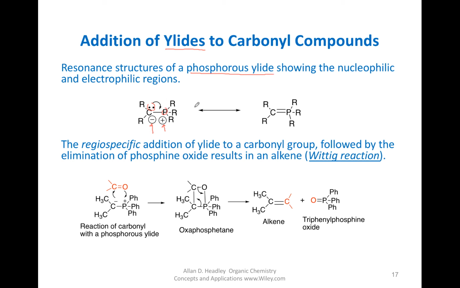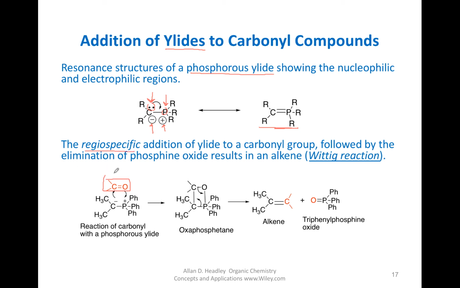We can of course draw a resonance structure to get this, but the bottom line is that this carbon here is nucleophilic and this phosphorus here is electrophilic. With that in mind, we can add the ylide to a carbonyl compound in a regiospecific manner.